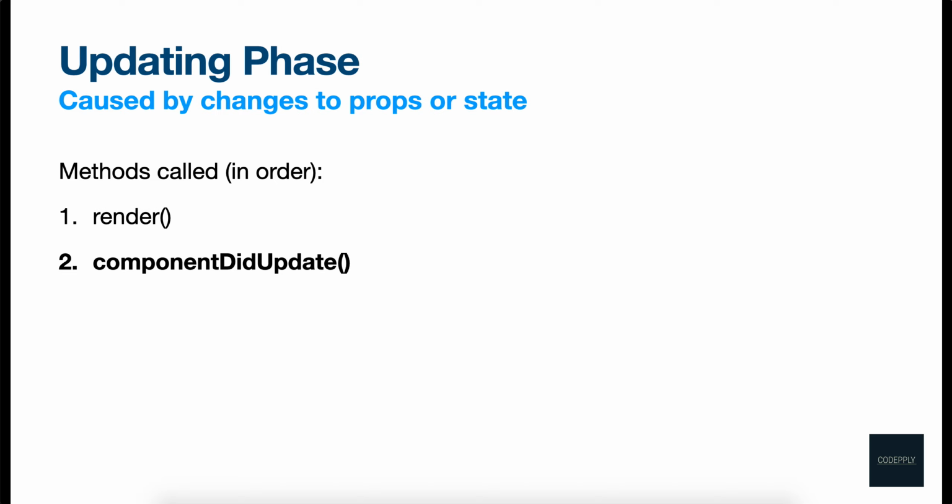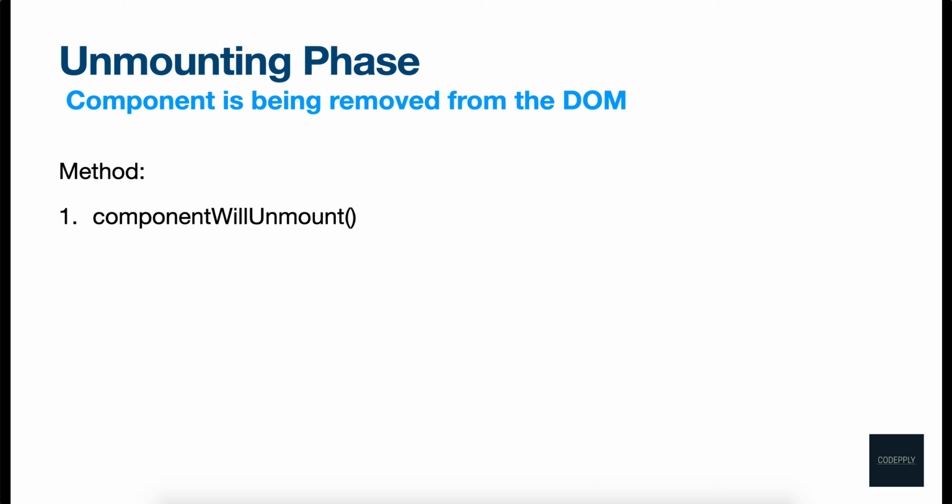The next phase is the updating phase, and the updating phase is triggered when the props or the state of the component is changed. One of the main methods that we're going to look at in this phase is componentDidUpdate. And the last phase is the unmounting phase.